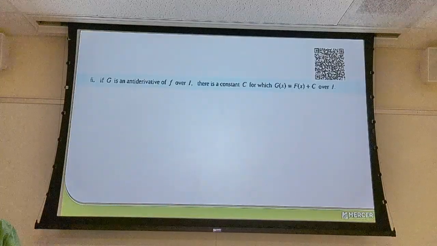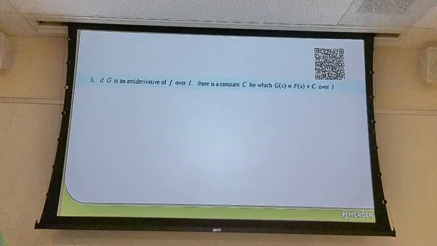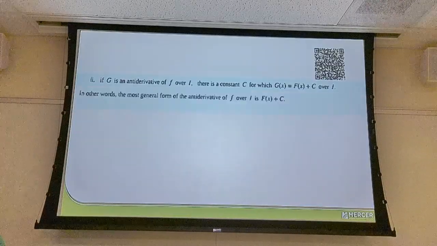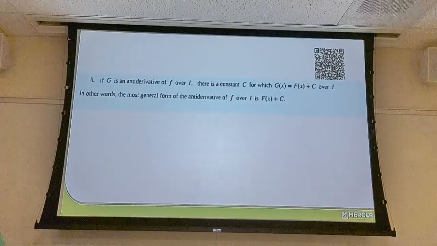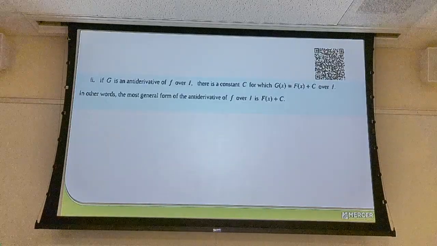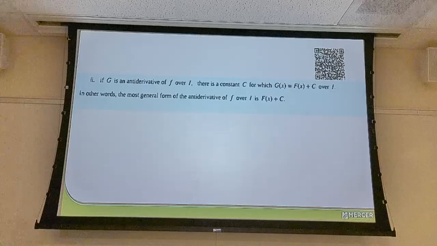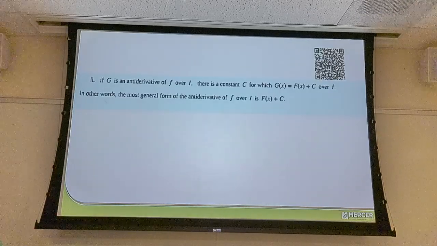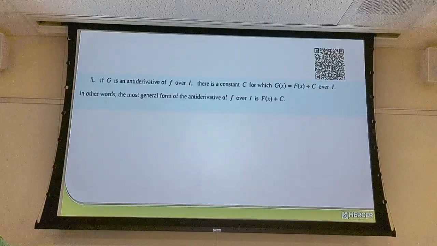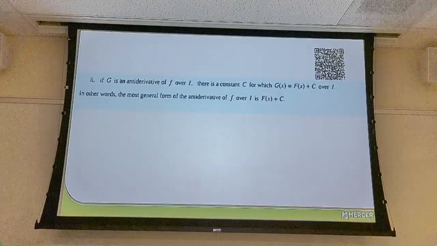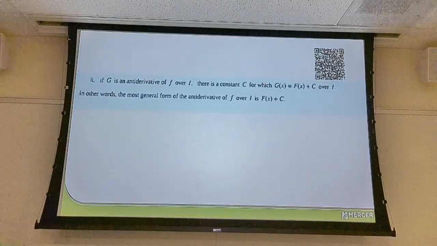If G is an antiderivative, there is a constant for which G of x is big F plus C. This means that the most general form of an antiderivative is big F of x plus a constant C. By the way, part 2 is also saying that antiderivatives are unique up to a constant. So with the exception of the constants, antiderivatives are unique.